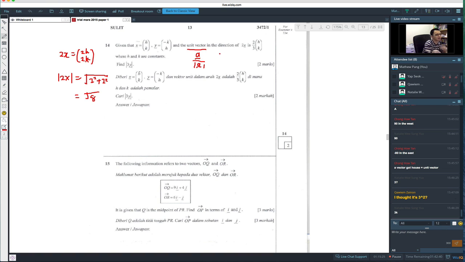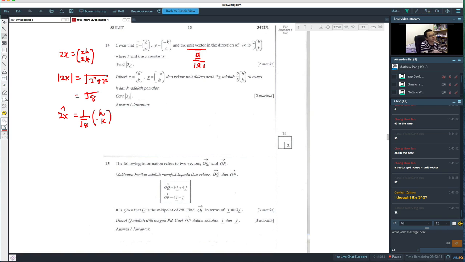What the question is trying to say is the unit vector of 2x. If I write the unit vector of 2x, I will do it like this: the unit vector of 2x equals 1 over square root 8 multiplied by the vector h and k. I'm going to compare this with what is given over here.